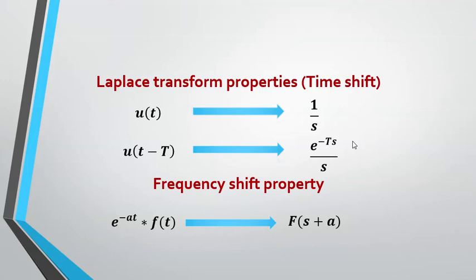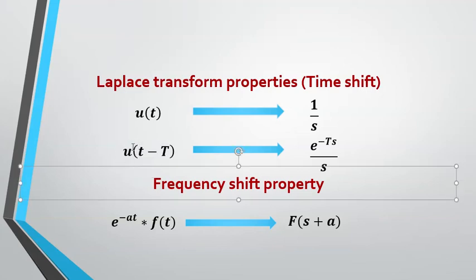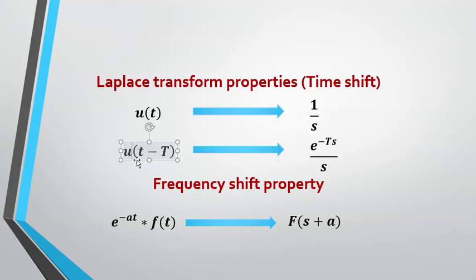Imagine you have your function in time domain as u(t). As we know, the Laplacian of u(t) is going to be 1 over s. What if my signal was shifted? Now my signal is u of t minus capital T. The Laplacian of this new function will be e to the power of minus capital T s over s.